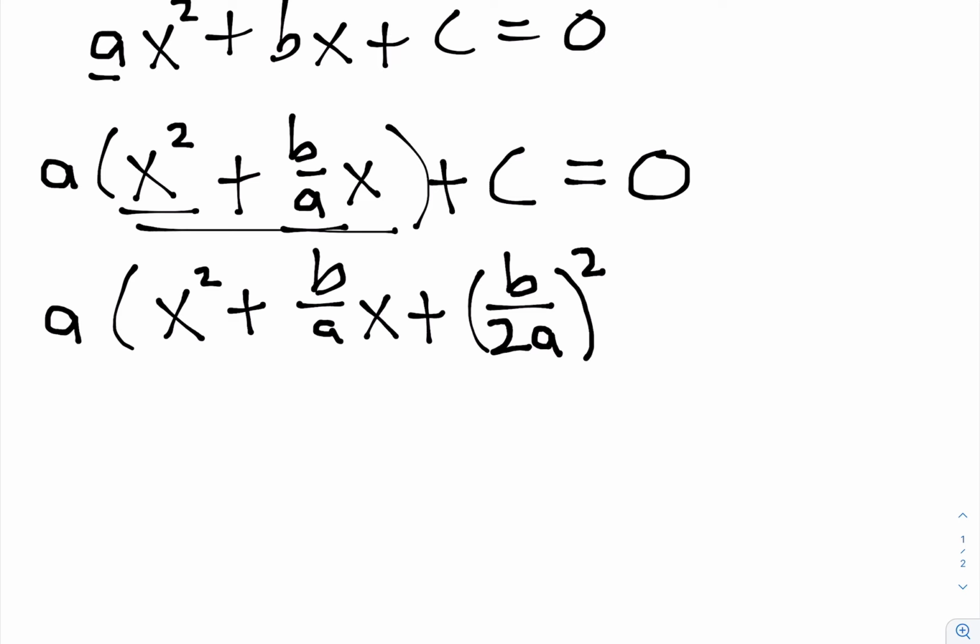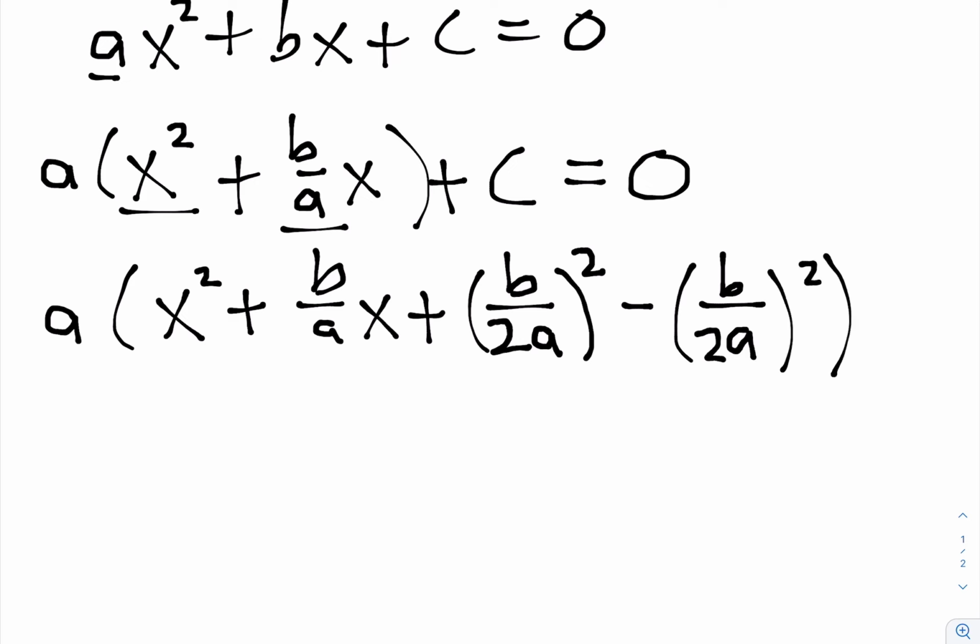So we keep these two things the same, the first two terms. And then the terms that we add and subtract, right? We have to subtract it now as well to keep the function the same value. Okay, the things we add and subtract are the coefficient on the second term in the bracket divided by 2, squared. So b over 2a squared. And we have this plus c, and that equals 0. So it's kind of a long line there.